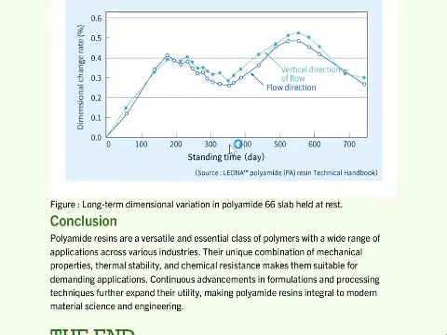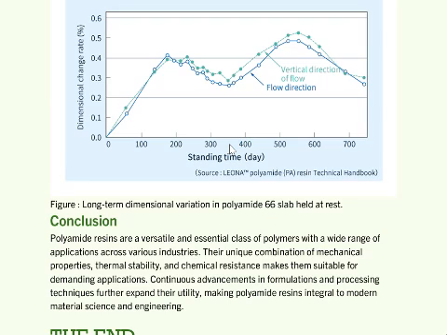In conclusion, polyamide resins are a versatile and essential class of polymers with a wide range of applications across various industries. Their unique combination of mechanical properties and thermal stability, high tensile strength, and other unique properties like chemical resistance make them suitable for demanding applications.